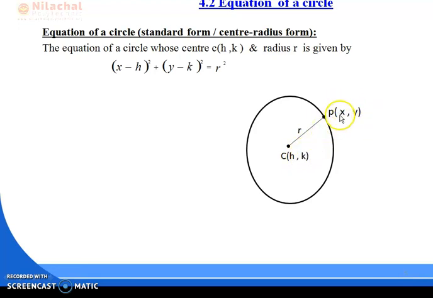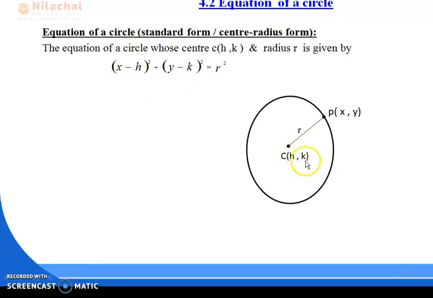Then we put down square root of (x minus h) whole square plus (y minus k) whole square equals the radius, by the definition of the circle. So here the square root is shifted to the other side. Then what do we find? (x minus h) whole square plus (y minus k) whole square equals r square. Here (h, k) is the coordinate of the center, r is the radius of the circle, and (x, y) is the random point. So this is the equation of the circle if what are given?